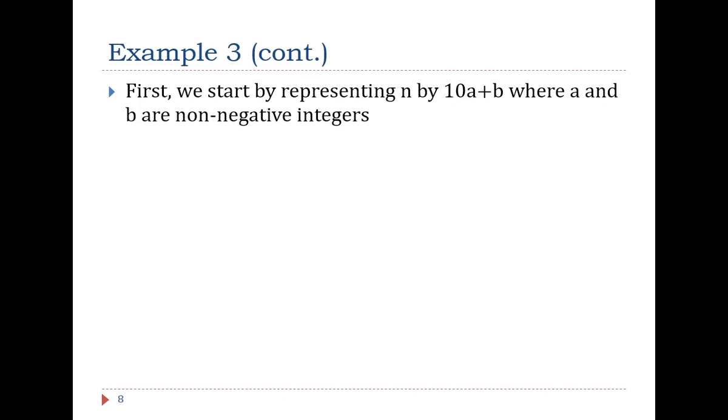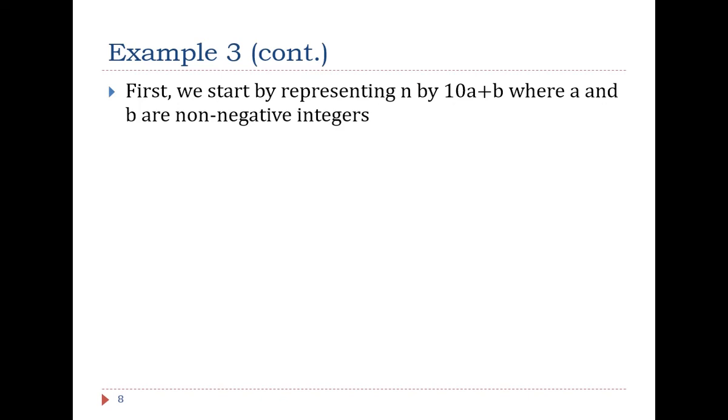Let's say 256 is equal to 6 plus 25 times 10. We don't care if a becomes very big. We just want to make explicit in our number the rightmost digit, which is the remainder of the division by 10. The b is equal to the remainder of the division by 10.